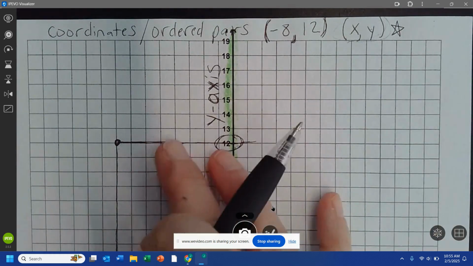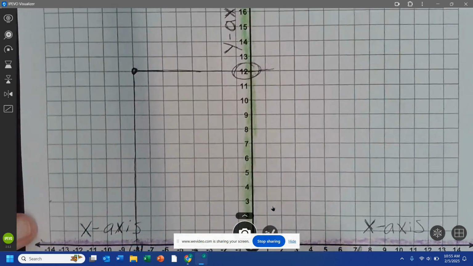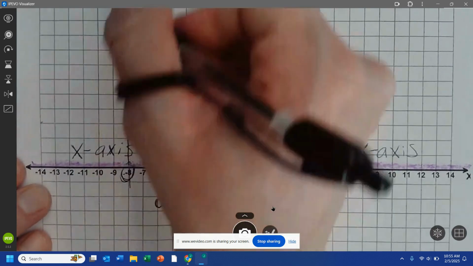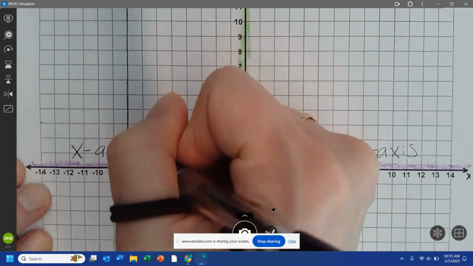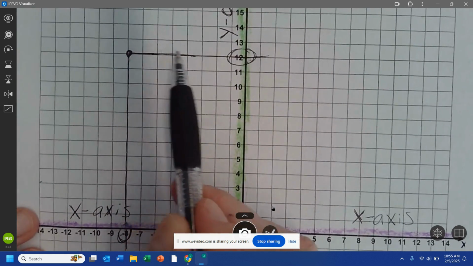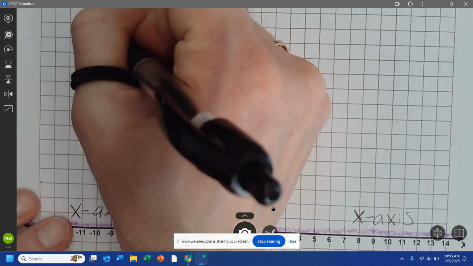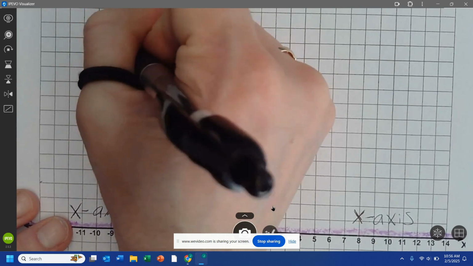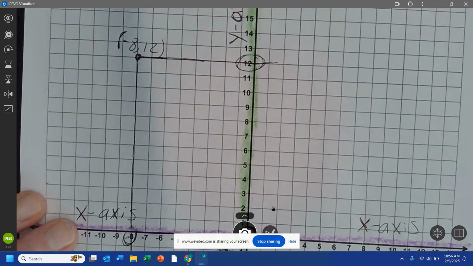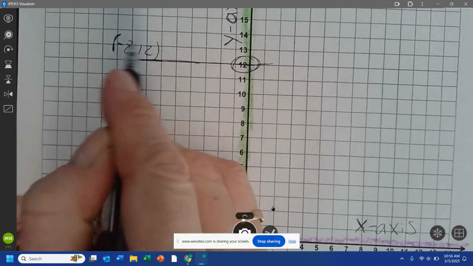So when I'm writing down the address, if you will, of this dot right here, I write down the number that's on the x-axis first, that -8, and the number that's on the y-axis second, that 12. So I would give this a name and I would write -8, 12. You have to label the dot with its address, okay?